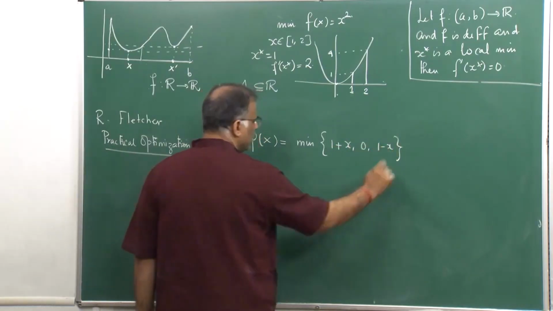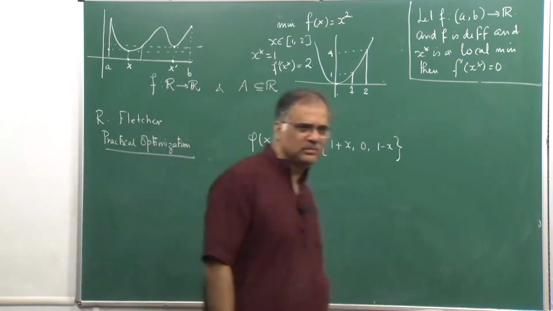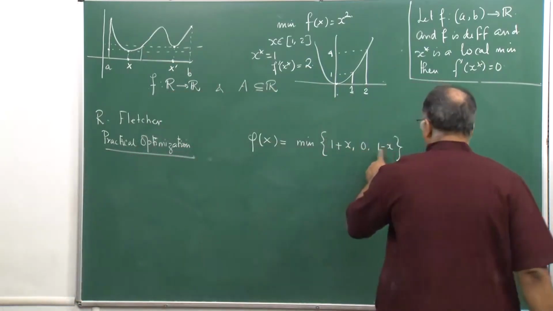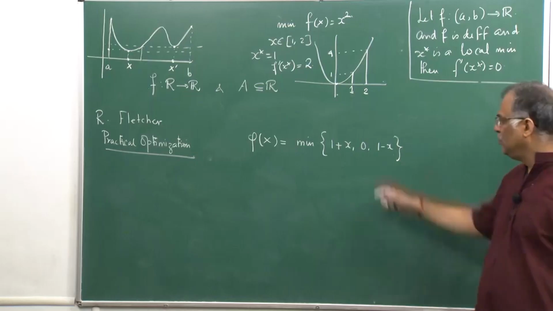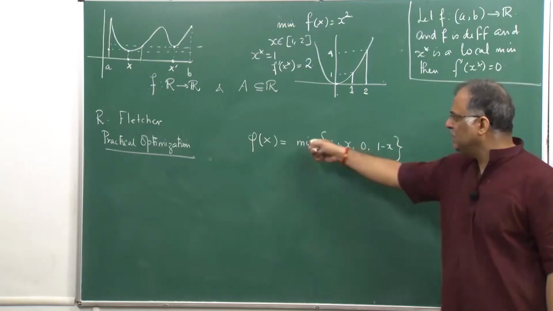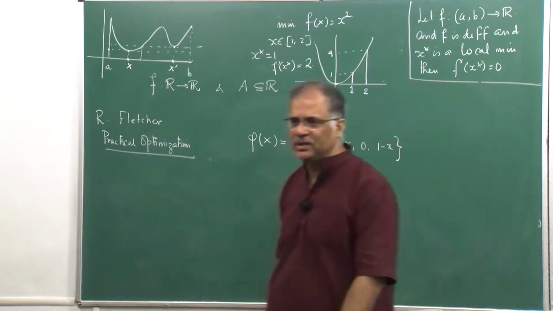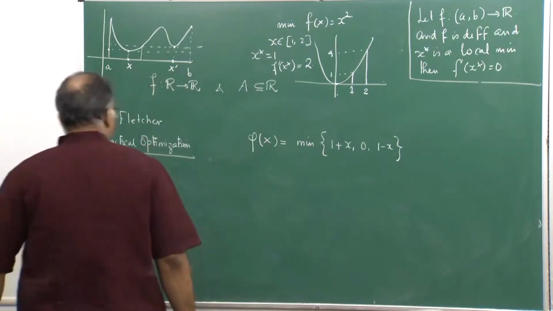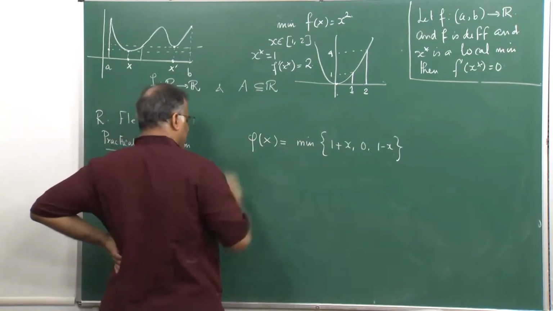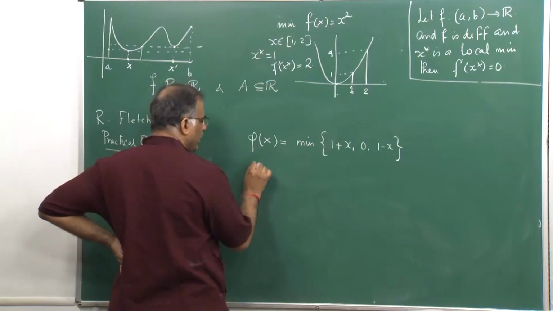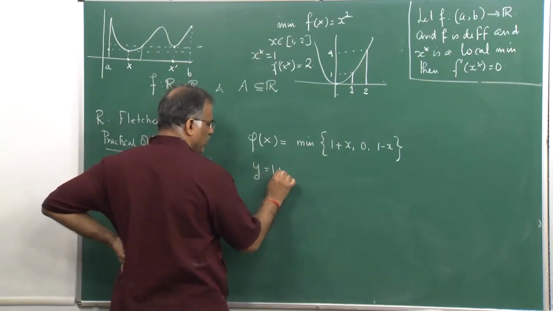So what does it mean? You plug in an x and compute all these 3 different functions, and whatever is the minimum value among them, that you return as the value of the function phi x. Now what does y equal to 1 plus x represent?